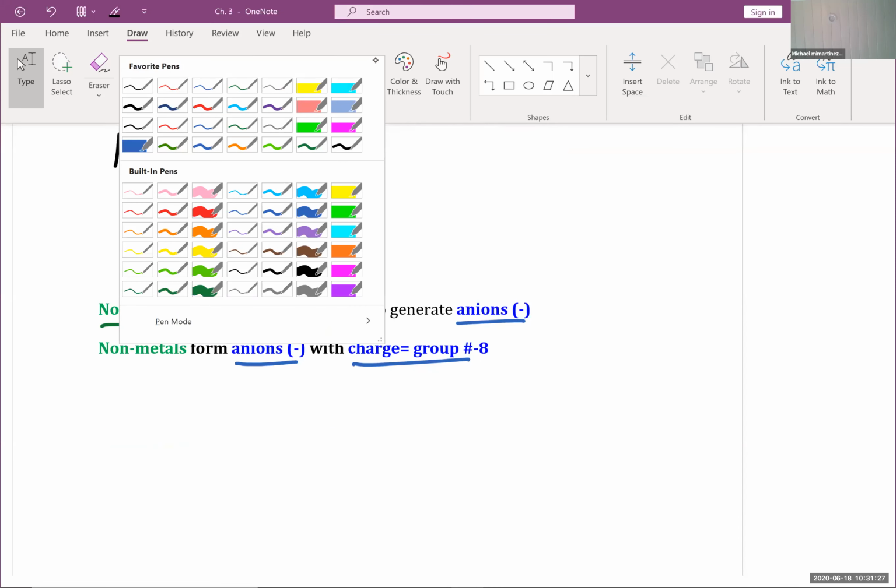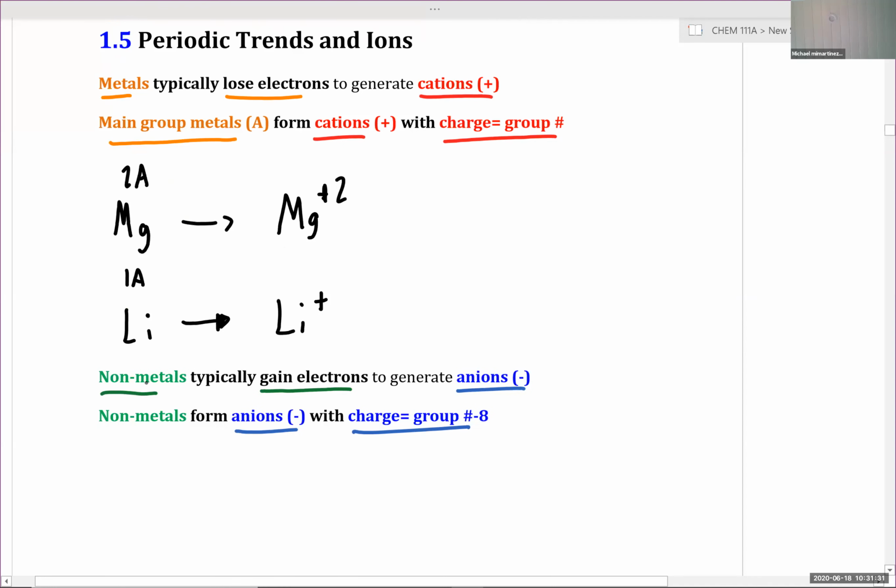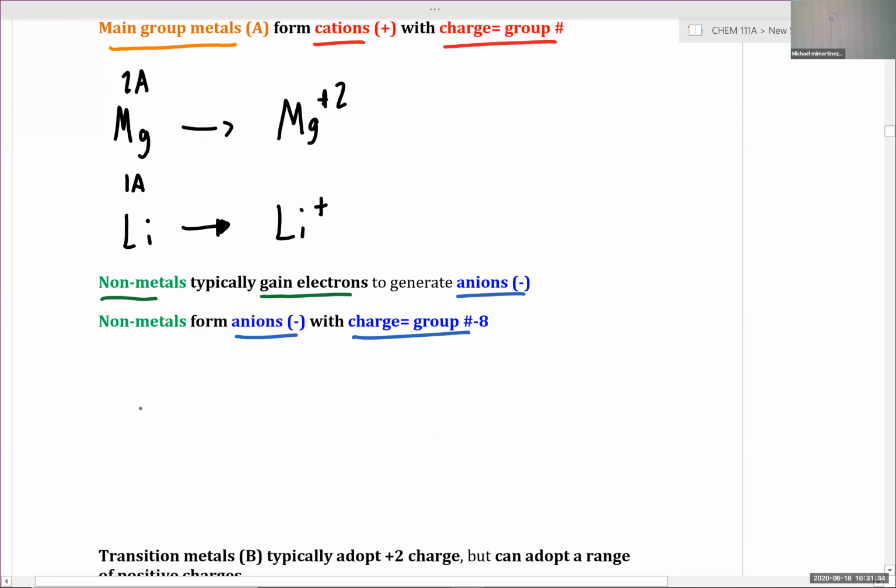And when we talk about electronic structure, we'll be able to fully rationalize this rule utilizing electron filling diagrams. So oxygen is a 6A element. So then 6 minus 8 gives us -2. So we predict that oxygen would prefer to adopt a 2- charge.